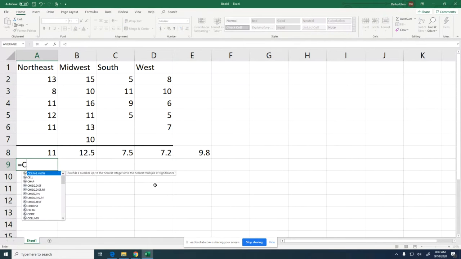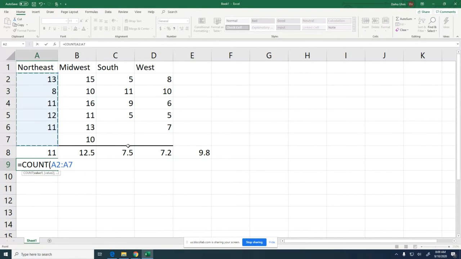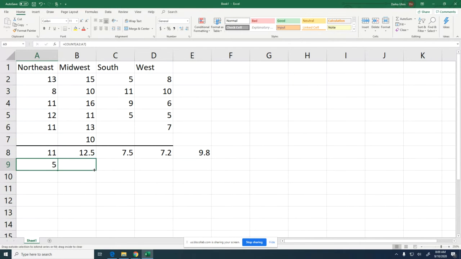In Excel, we have the function COUNT, which counts how many values. Here it's 5, copy to the right, then 6, and the next ones are 4 and 5. So those are the ni's.